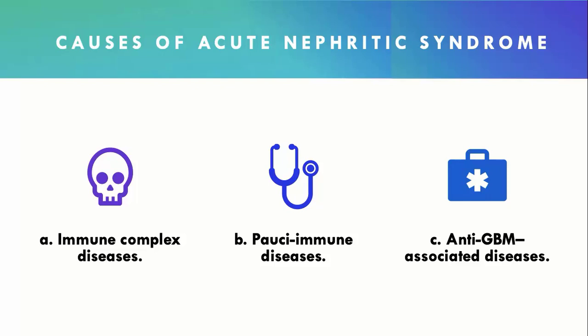And this anti-GBM antibody can take advantage of some similarity between the pulmonary alveoli and the renal vasculature and can cause pulmonary and renal affection. So: immune complex diseases, pauci-immune diseases, and anti-glomerular basement membrane associated disease.